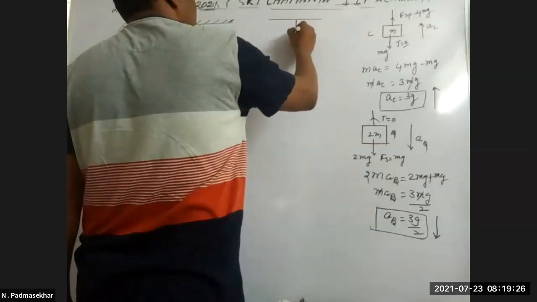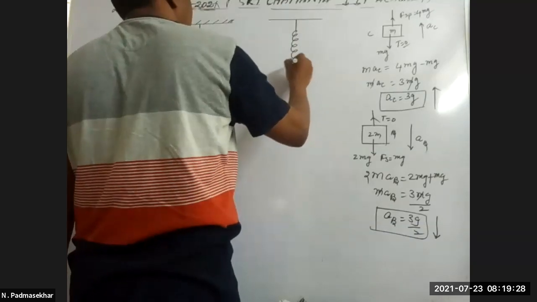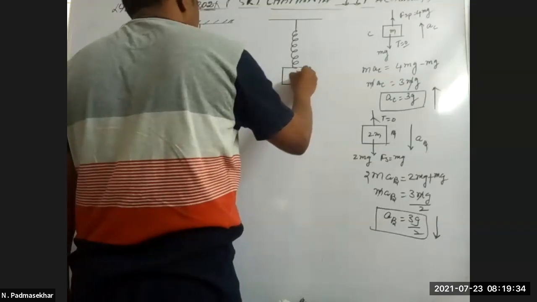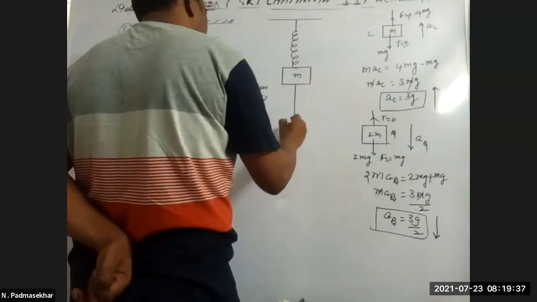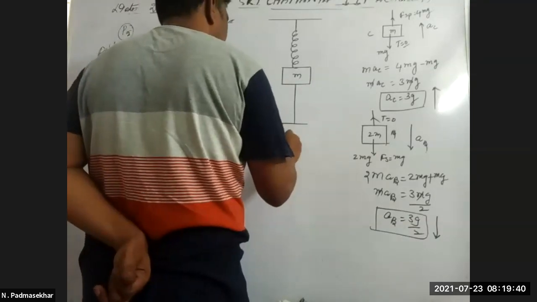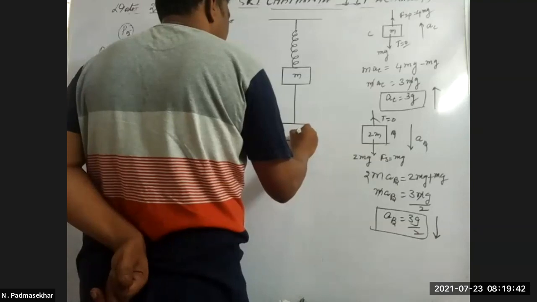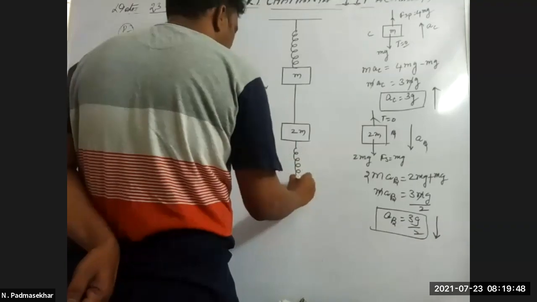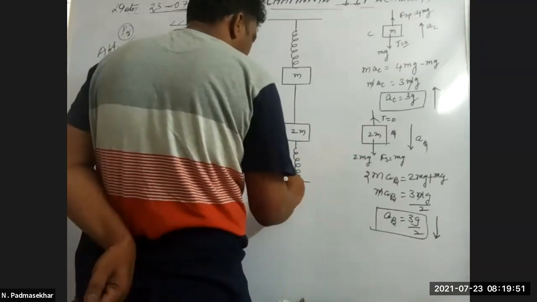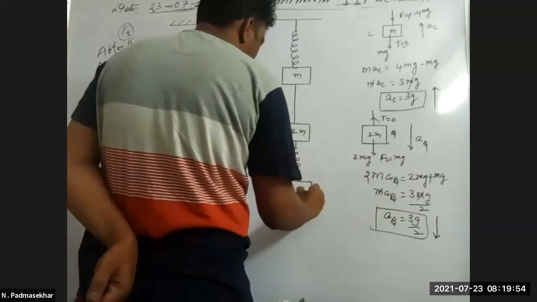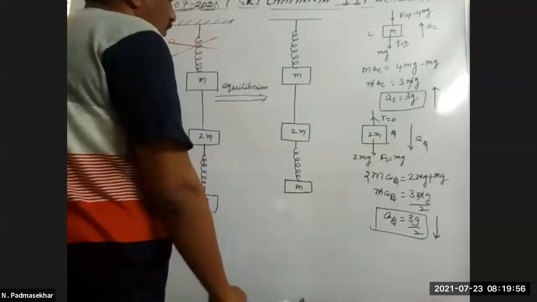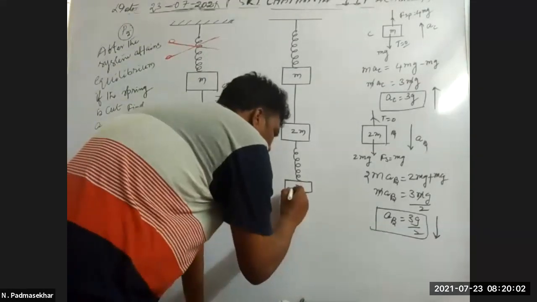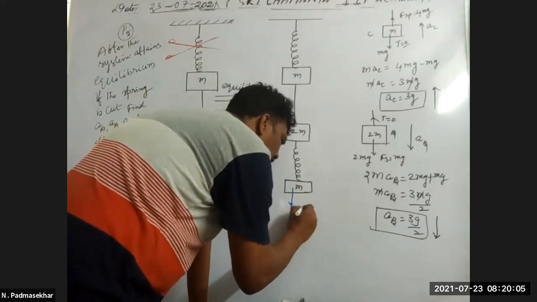There is the string, M is there, this is 2M, and this is M. Under equilibrium, mg is there.